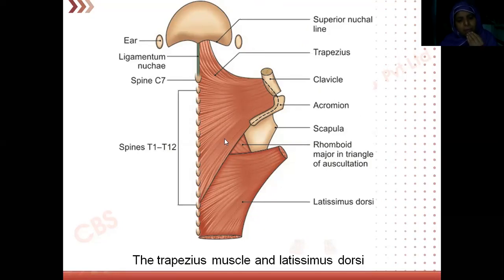From here all the muscle fibers are originating, and we know they are getting inserted in the clavicle and acromion process. Do you remember where the trapezius is getting inserted? The posterior border of the lateral 1/3 of the clavicle is receiving the insertion of trapezius, and also the upper border of the spine of the scapula.